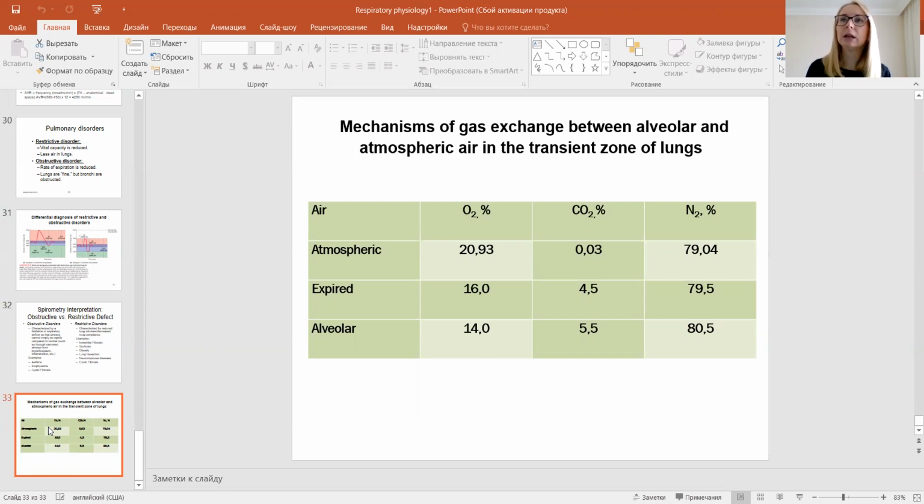However, the typical inspiration lasts only 1.5 to 2 seconds. This means that if air entered the alveoli only by convection, then the lungs would not be ventilated.